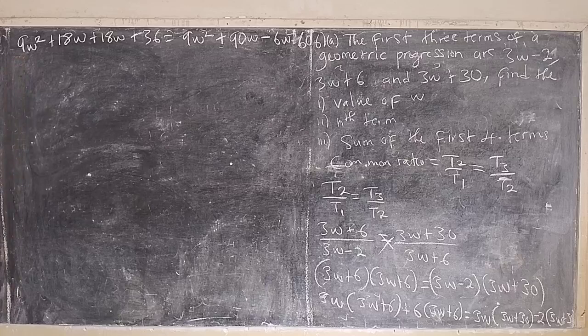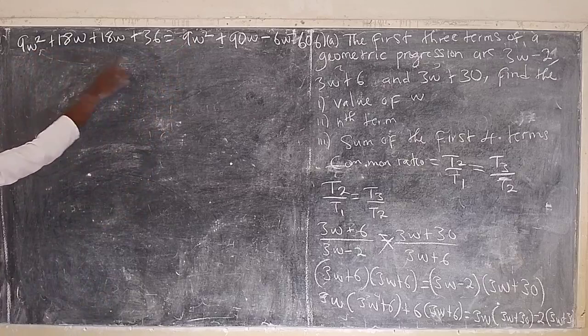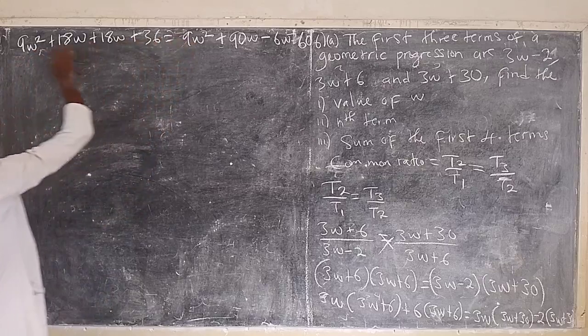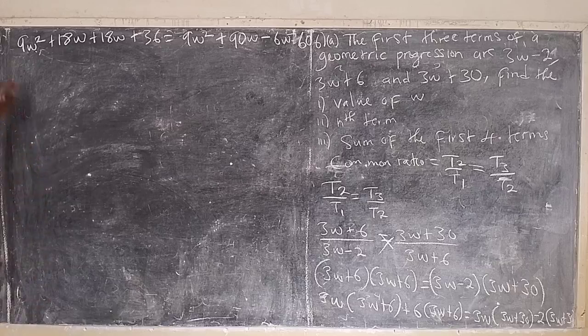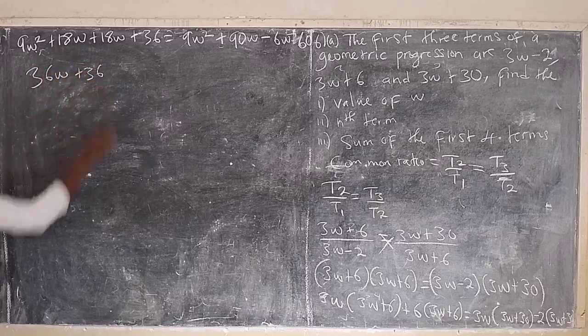So you will realize to say when this crosses the equal sign, it becomes a negative, of which this number and this number are equal. So when they subtract, it's going to give you 0. So we can forget about that number and work out with the remaining ones. So we have 18w plus 18w gives us 36w plus 36.